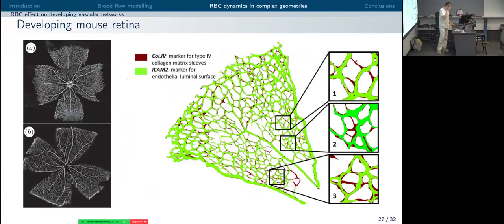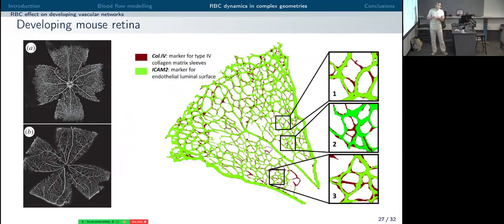So I don't want to go too much into detail, but we looked at the capillary network in the retina of a mouse, and because the eye of the mouse has to be sacrificed for the high resolution scan, you cannot measure the same network repeatedly over time.